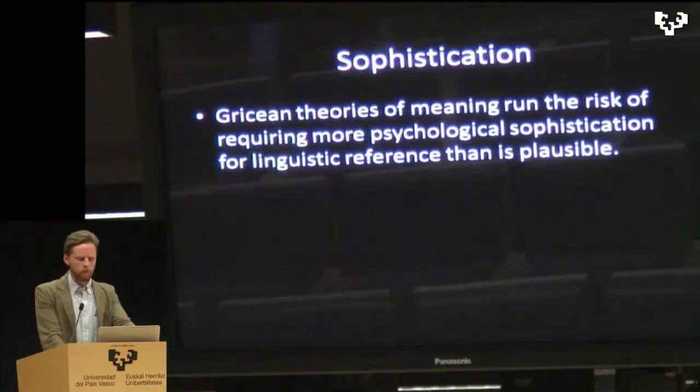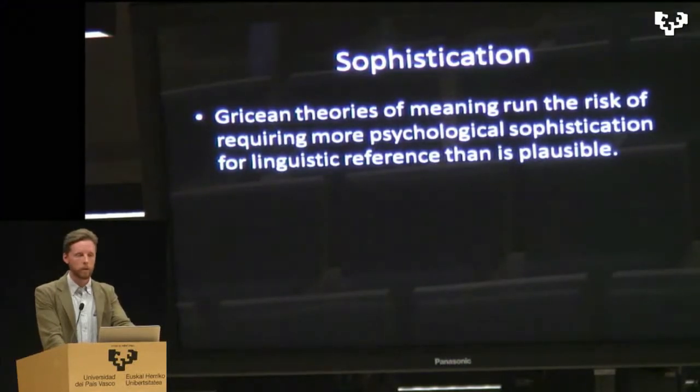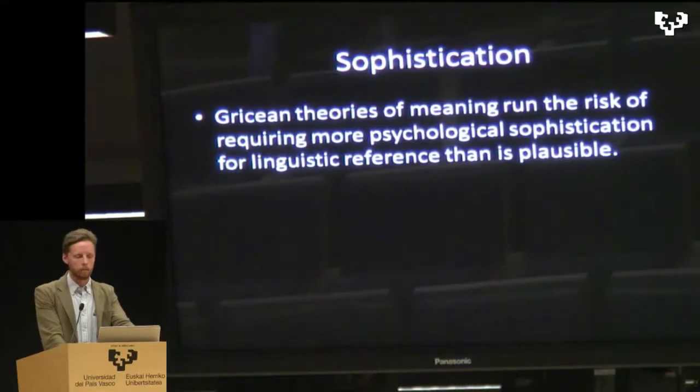Also, a problem with Gricean theories of meaning in general is that they run the risk of requiring quite a lot of psychological sophistication, and perhaps more than is plausible to ascribe to people that we would want to count as being able to express meanings and refer and so on.